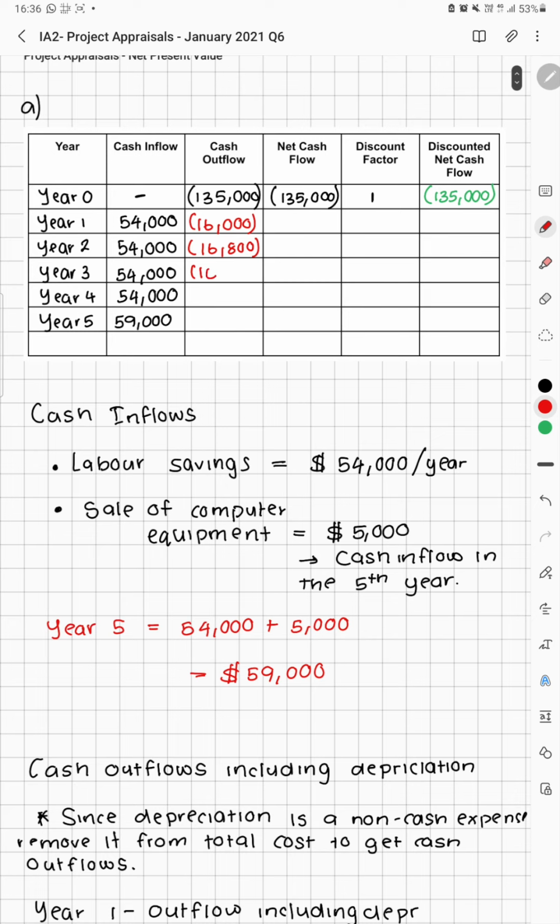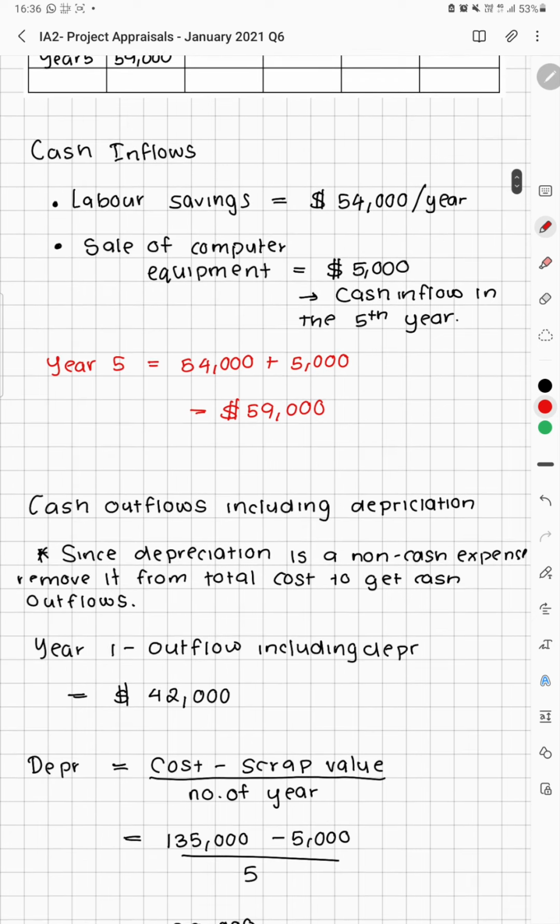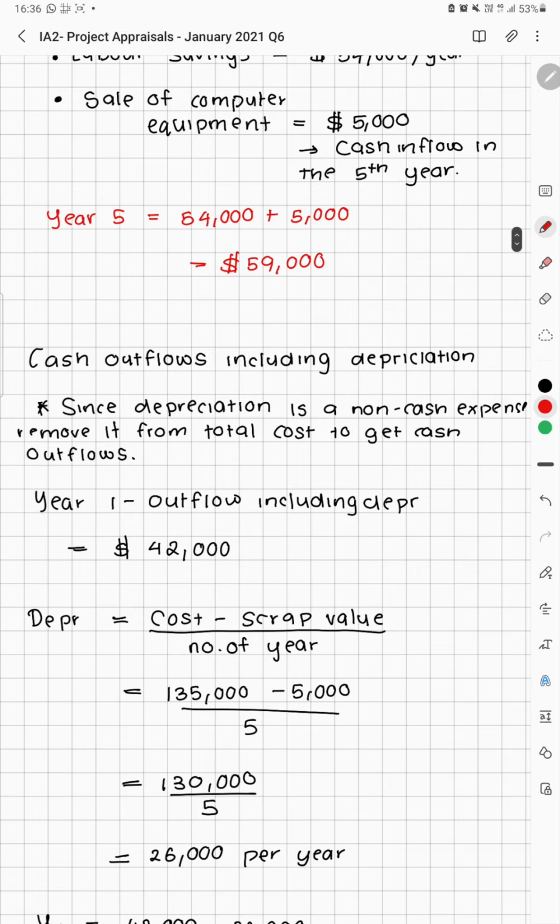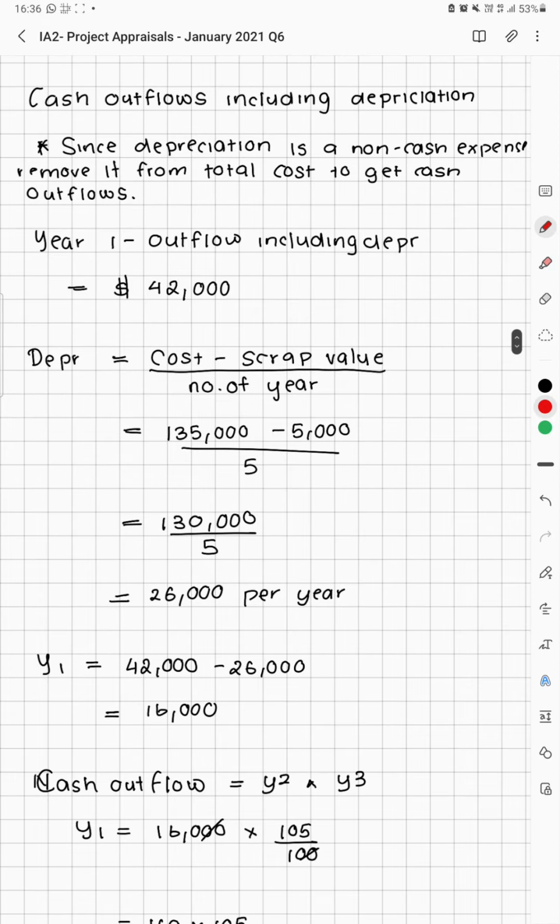Okay, then we'll take year 4 and year 5. What does it say about year 4 and year 5? In year 4 and year 5, the extra cost excluding depreciation will be 5% higher each year than year 2 and year 3.